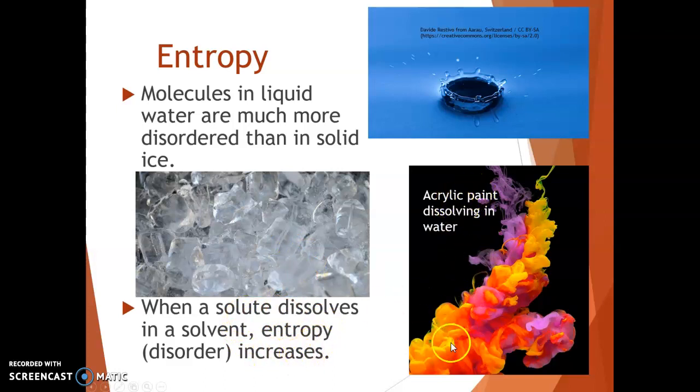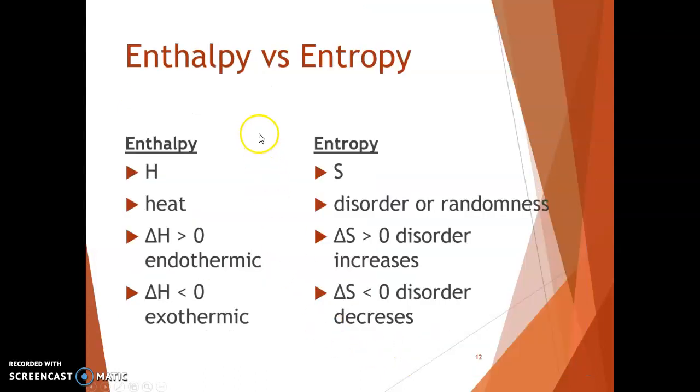For example, we'll see this paint dissolving in the water here, and you can imagine that if you leave this for a while, it'll eventually mix up and get into probably kind of a brown color or something. They won't stay separated like this. They'll mix up until you reach the maximum disorder. Alright, so here's a compare and contrast of enthalpy and entropy.